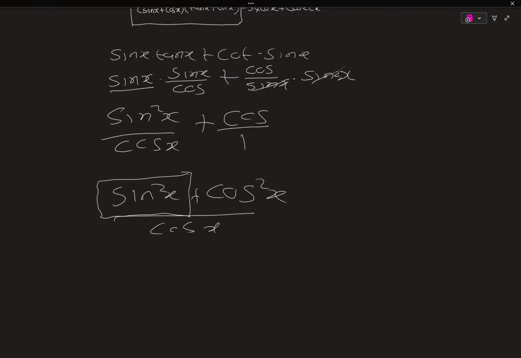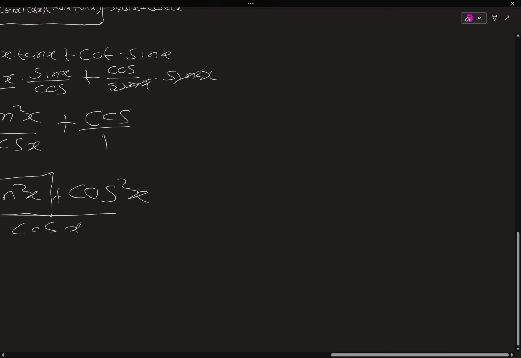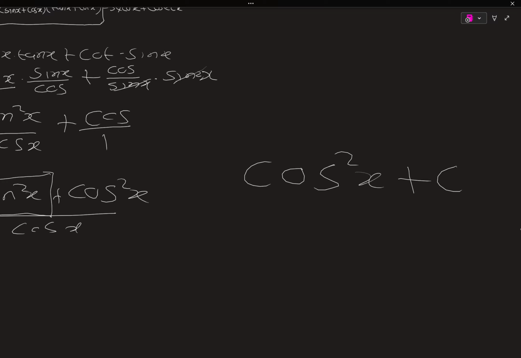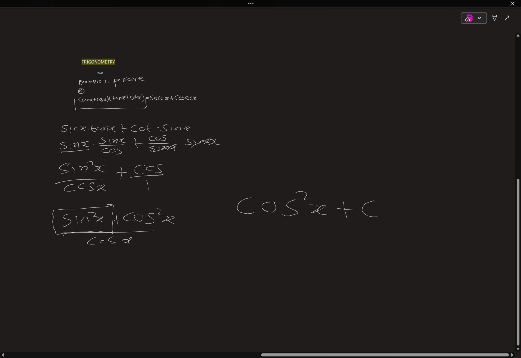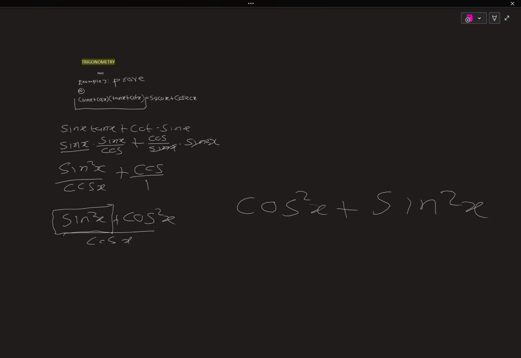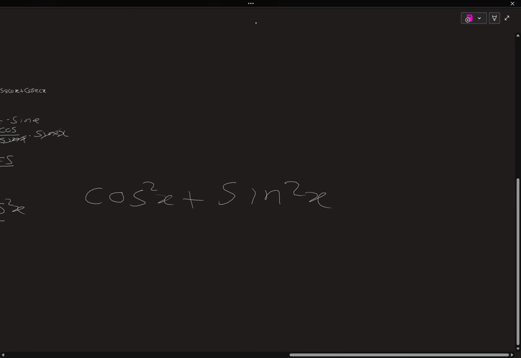So I can pick between the two which one I'll simplify. Under Pythagorean trigonometry, we said that sine squared x plus cos squared x is simply equal to 1.